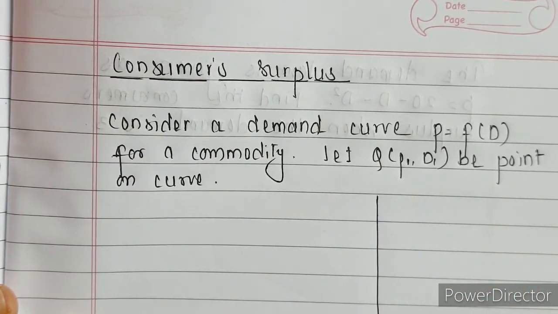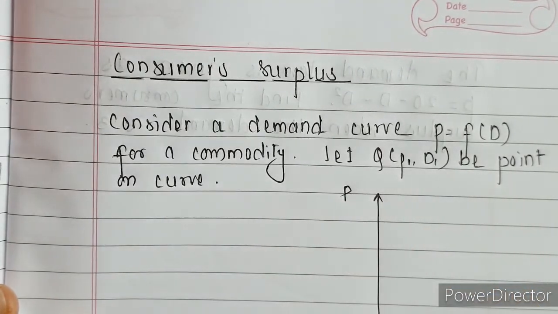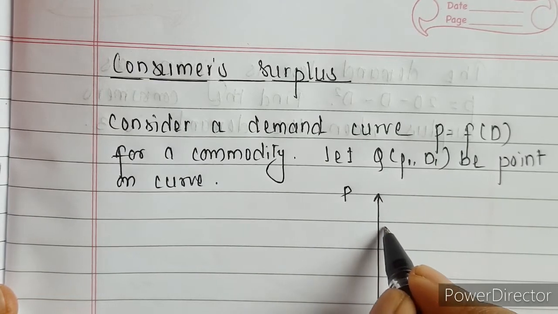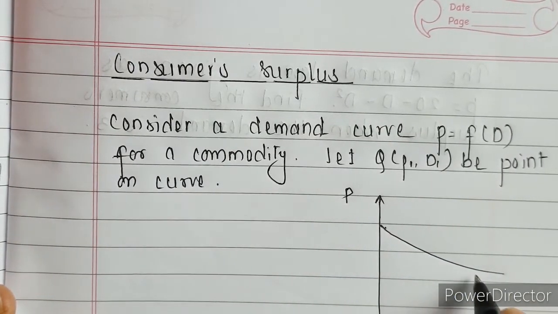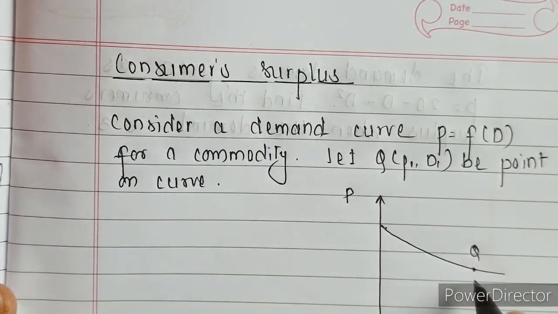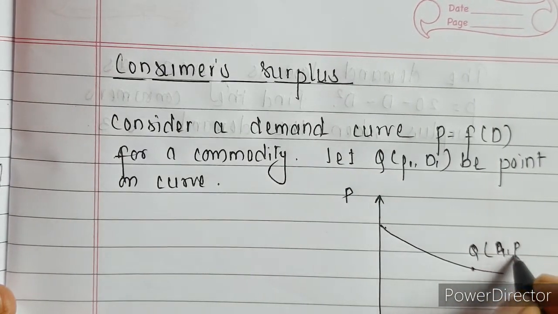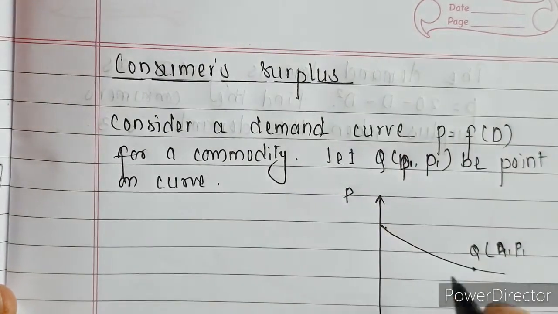So this is our demand and this is our price. Let's consider a demand curve. Suppose this is our demand curve. Now let's take a point here which is Q. This is D1 P1.